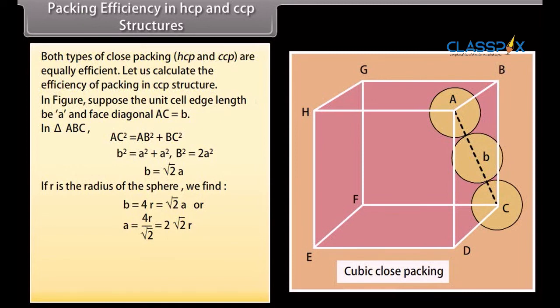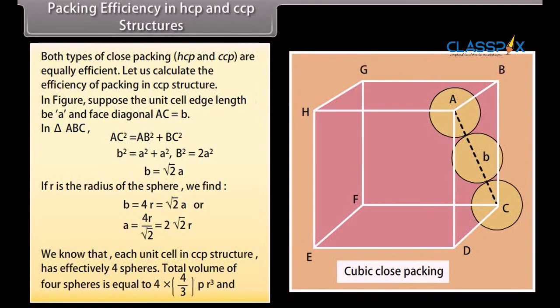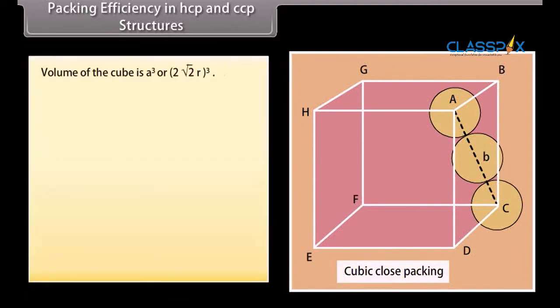We know that each unit cell in CCP structure has effectively 4 spheres. Total volume of 4 spheres is equal to 4 into 4 upon 3 pi r cube, and volume of the cube is a cube or 2 square root 2 r cube.